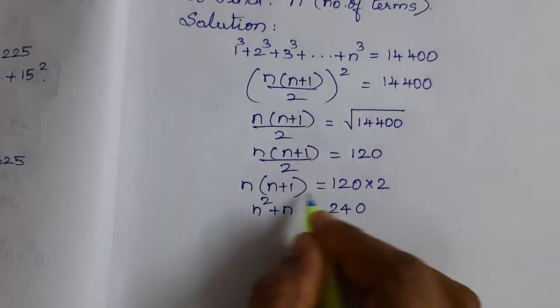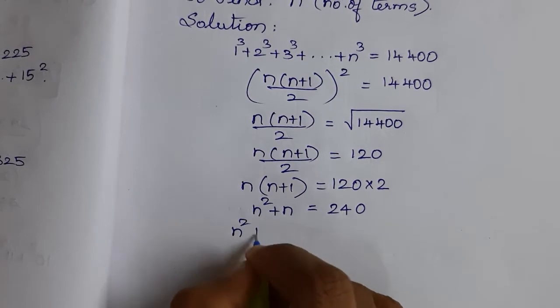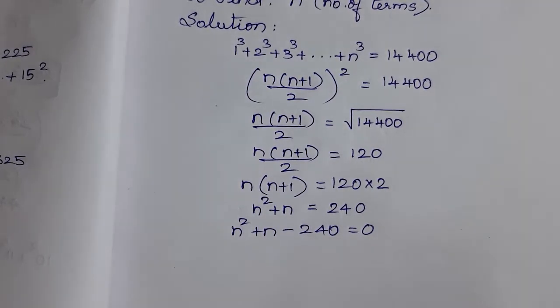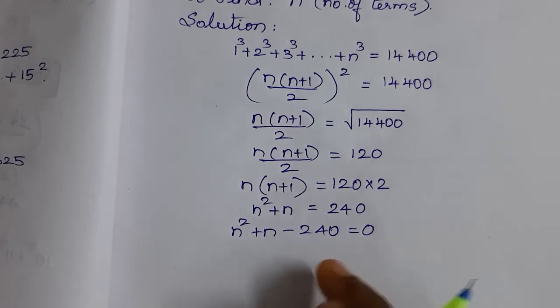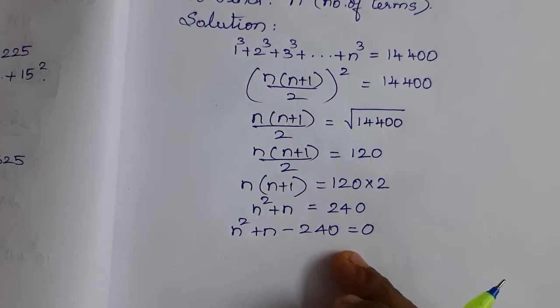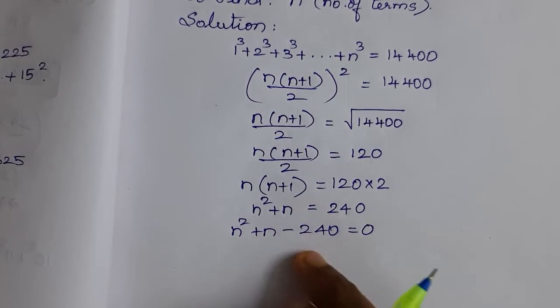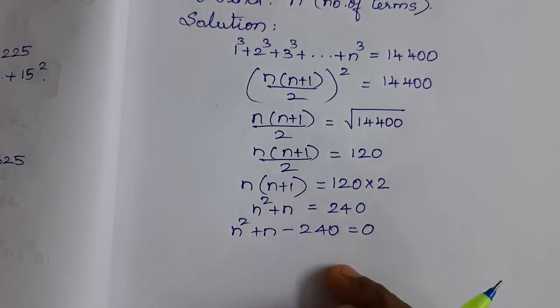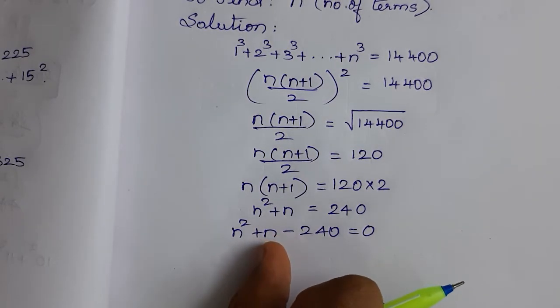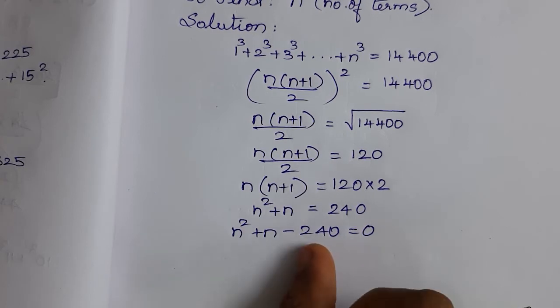Now making it in the form of a quadratic equation, n squared plus n minus 240 equals 0. Now I'm going to factorize. Since it is a quadratic equation, you know how to factorize. You take the product minus 240 and split it into factors such that when you add, you get plus 1, and when you multiply, you get minus 240.